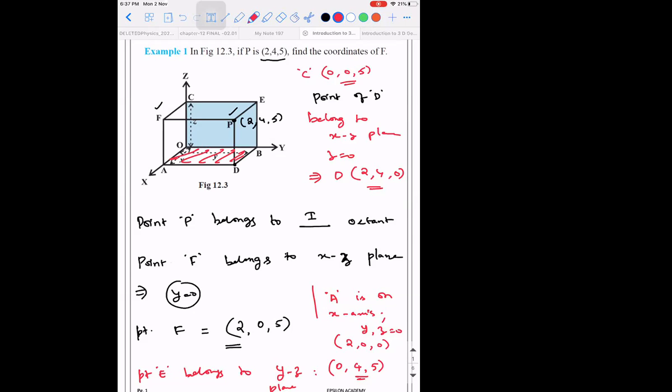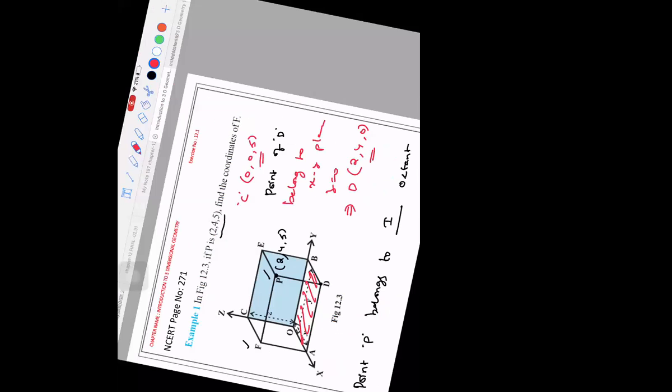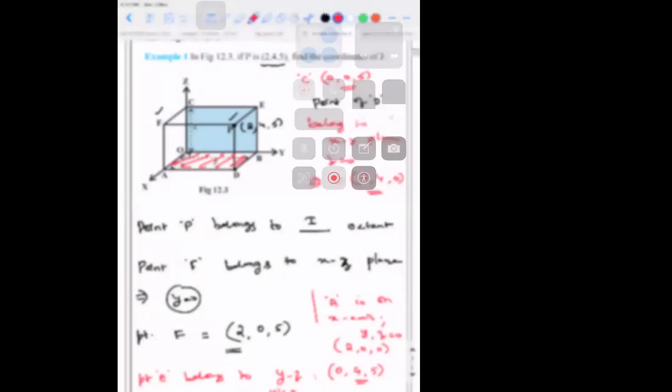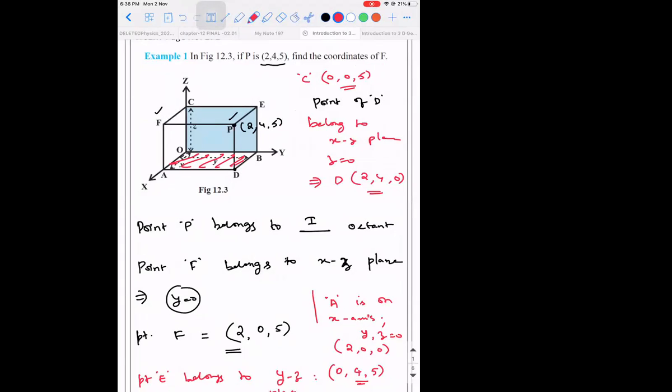Okay. So don't worry, you're not expected to draw this every time. Just need to understand. For example, the reverse analysis: if I give you a point 0 comma 0 comma 5, you need to understand that that point lies on the z-axis. If I give you a point 2 comma 5 comma 0, it is in the xy plane.